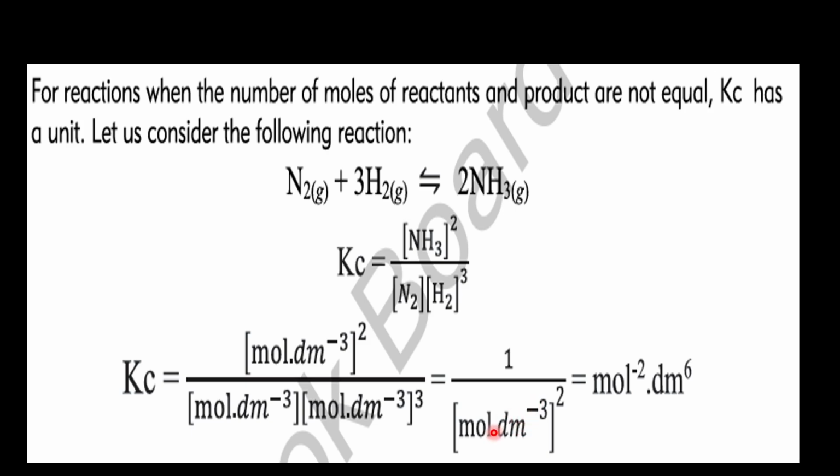When we send this to the numerator, mole squared becomes mole to the power minus 2, and this minus 6 becomes plus 6. So the final unit of Kc for this reaction is mole to the power minus 2 into dm to the power 6. So this is the unit of Kc when there are different numbers of moles on the reactant and product sides.